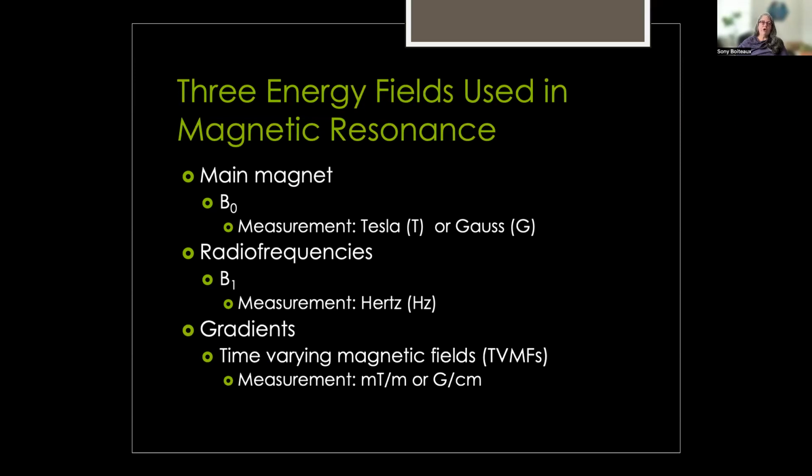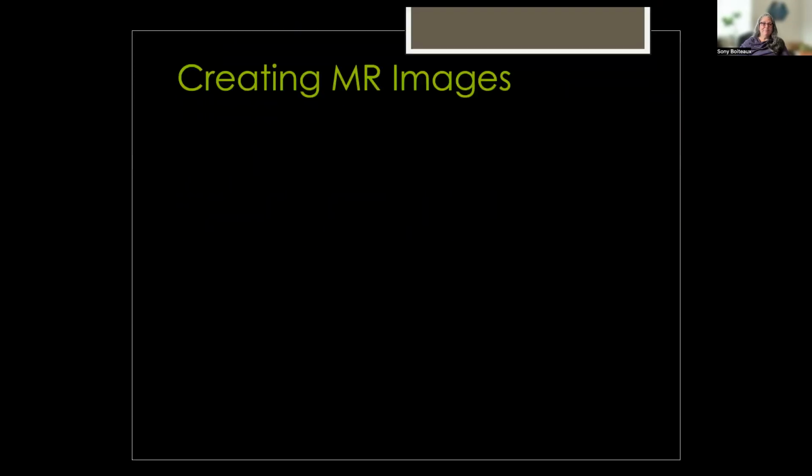And the purpose of our gradients is to allow us to locate where our patient is in our system, okay? So the main magnetic field is creating a magnetic field in our patient's body. The radio frequency field is allowing us to resonate that field and distinguish it from the main magnetic field. And then the gradients are what allow us to locate where our patient is in the system.